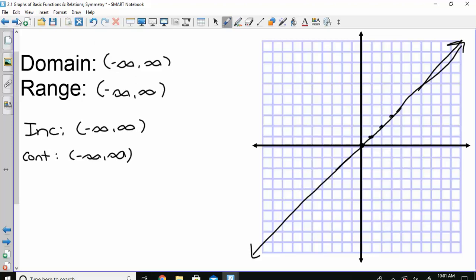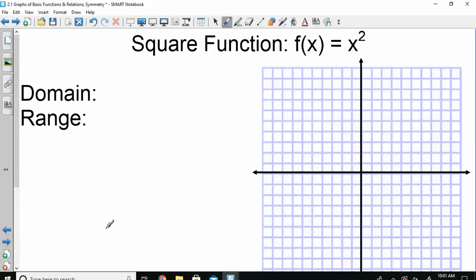Let's talk about the square function. F of x equals x squared. Do you know what this graph looks like? Well, if we don't know, what can we do to get it? T-chart. So what is, if I put in 0, 0 squared is 0. 1, 1. 2, 4.